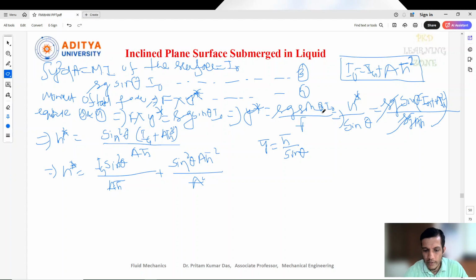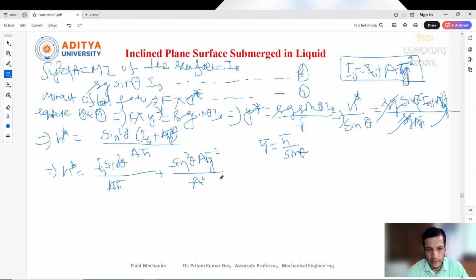Now here if you see, we got here actually, this is the parallel axis theorem. This is A y bar square actually, not A h bar square. That's why I'm getting confusion here. Here we'll get Ig sine square theta by A h bar, and here we'll get A y bar square.